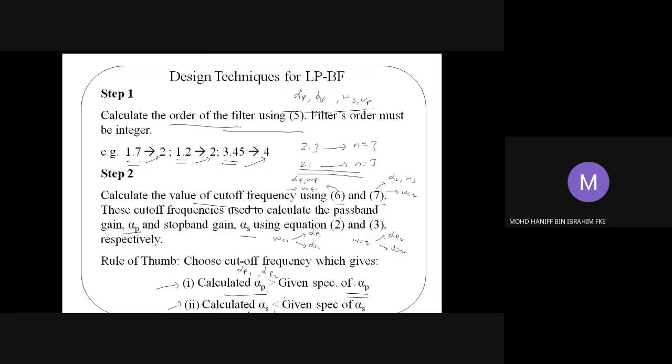The pair which satisfies these conditions determines the selected cutoff. For instance, if from the calculation later on we find that alpha p1 and alpha s1 do satisfy these conditions, then our selection of cutoff frequency will be omega c1. That's how we choose the cutoff frequencies.